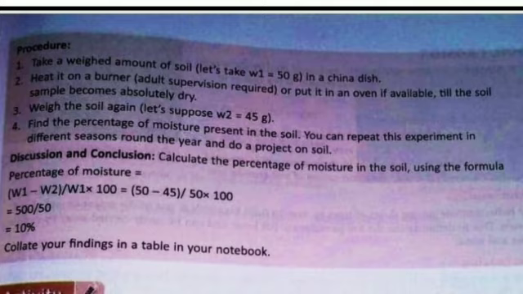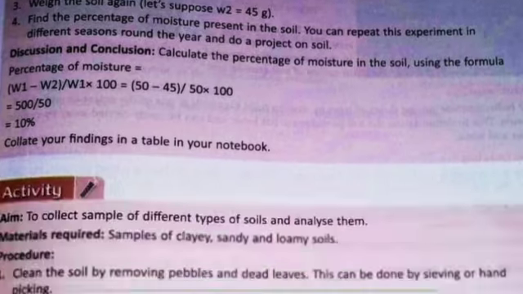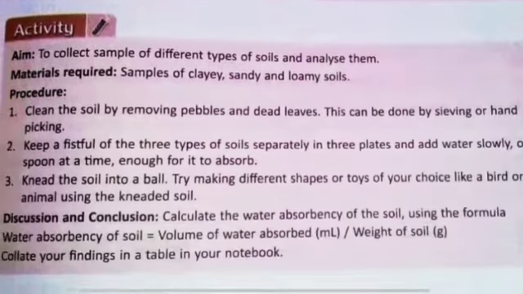So volume of evaporated water is 5 grams divided by 50. And if we have to calculate in percentage, then we multiply with 100. So our answer is 500 divided by 50 is equal to 10, means 10%. You can do it in different seasons with different soil also. This is our first activity.